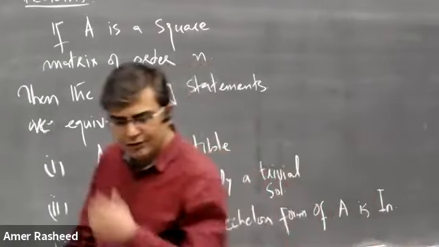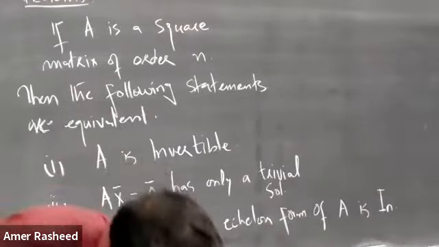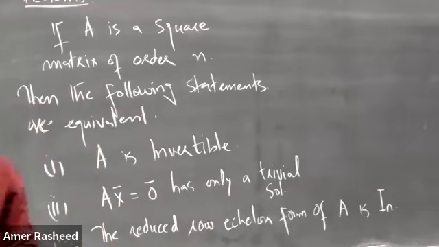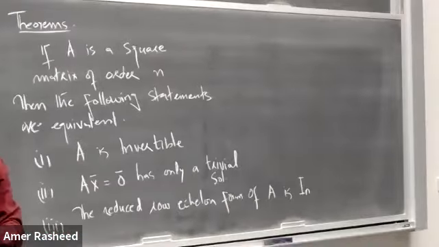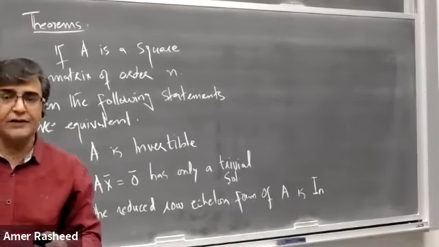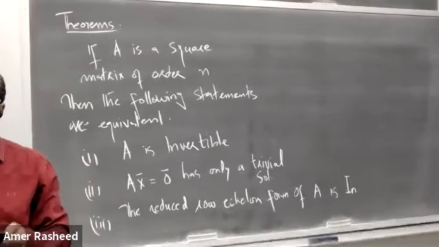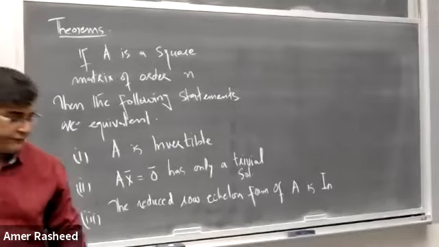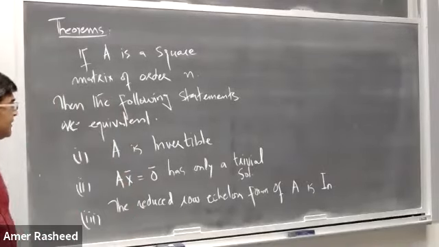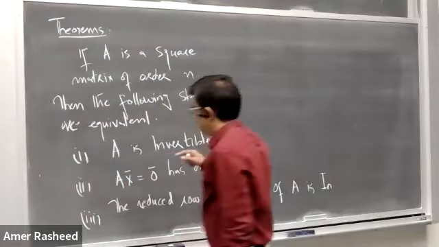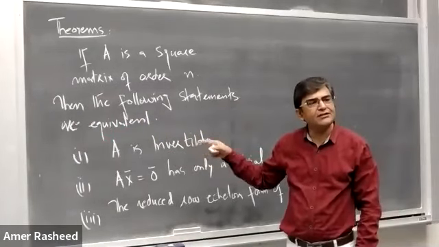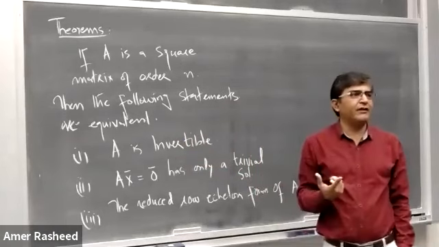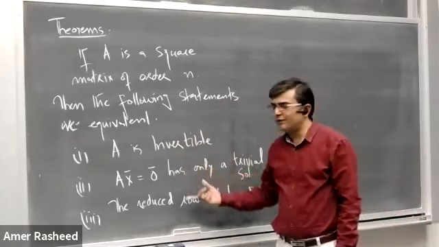Now, in this theorem, the three statements are equivalent. What does it mean? In any theorem, if you see that the following statements are equivalent, it means that if at least one of these statements is true, if you can prove it, then you don't need to prove the others.